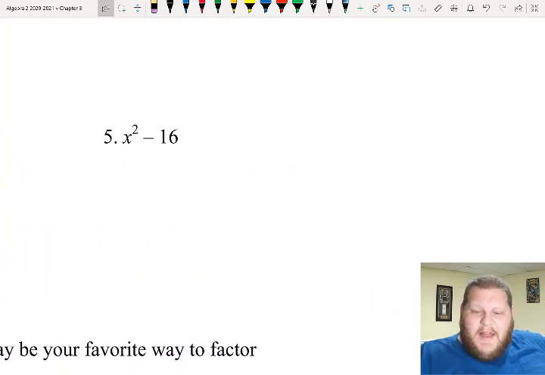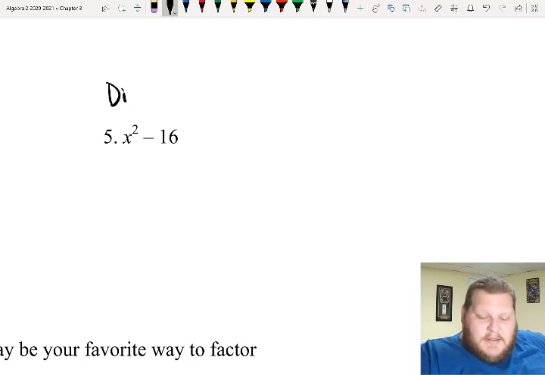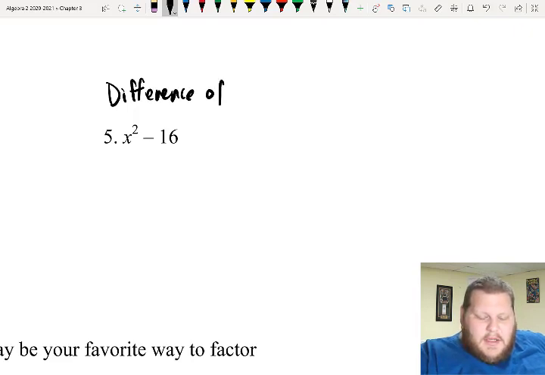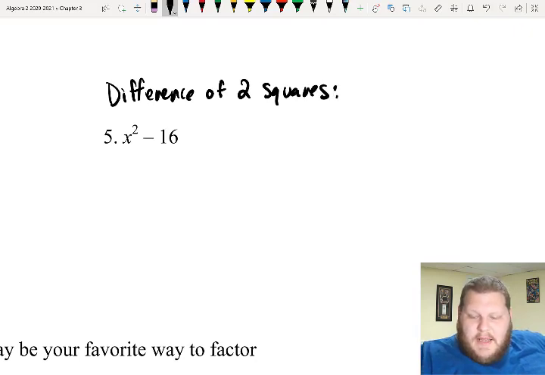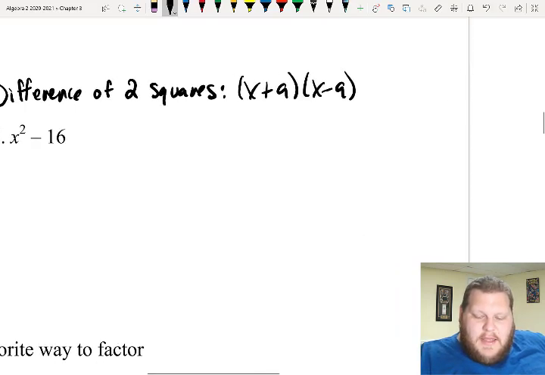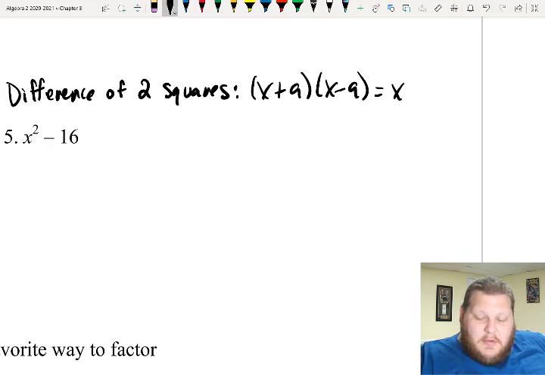All right, number 5. This is another one that I wanted to remind you of. This is another special case. Here we have only 2 terms, x squared minus 16. This is our difference of 2 squares. So in that one, if we had x plus, let's just say a, times x minus a, that expanded out into x squared minus a squared.